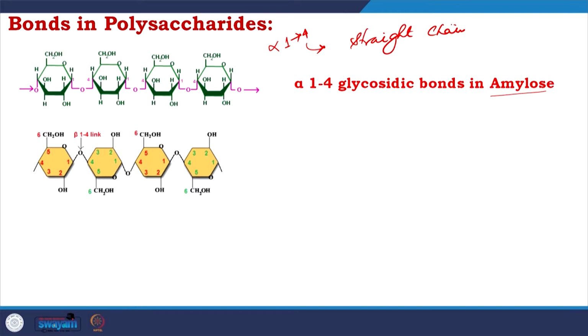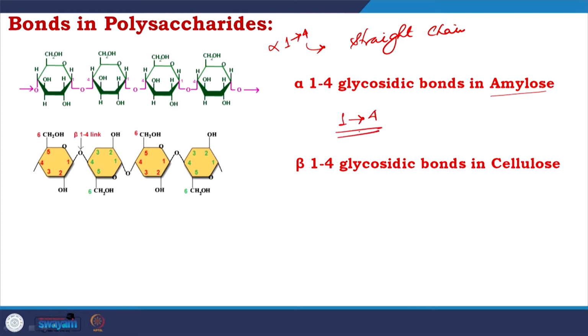Now, another glycosidic bond, in cellulose, is the beta 1-4 glycosidic bond. As I told, once you see 1 to 4, they form a straight chain, be it an alpha bond or a beta glycosidic linkage.